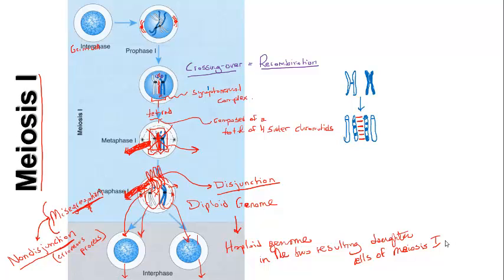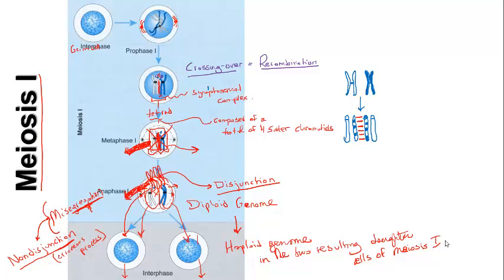So again, recall that the two daughter cells resulting from mitosis are diploid. However, the cells resulting from the first division of meiosis, which is called meiosis 1, are haploid, as we just demonstrated. In other words, there are half the number of chromosomes in each cell after the first division of meiosis, compared to mitosis, where the total number of chromosomes is retained after the division of the cells.